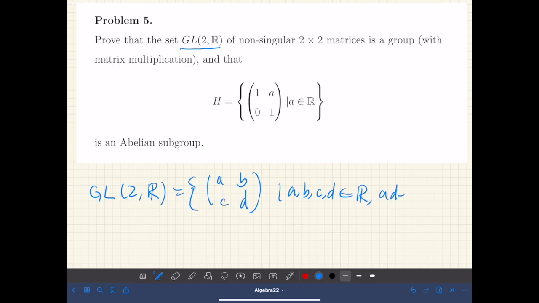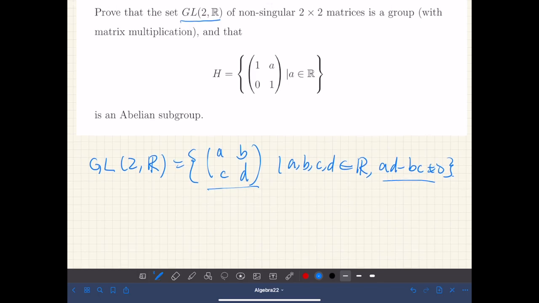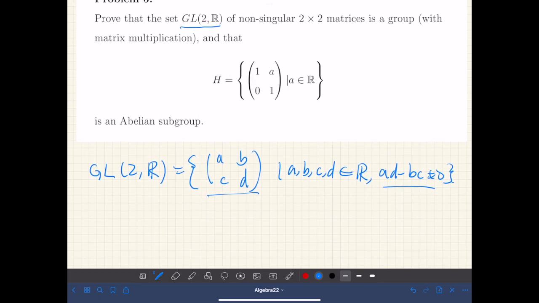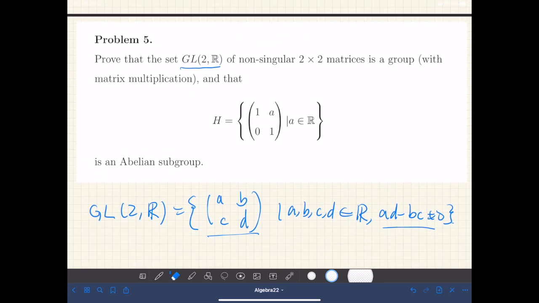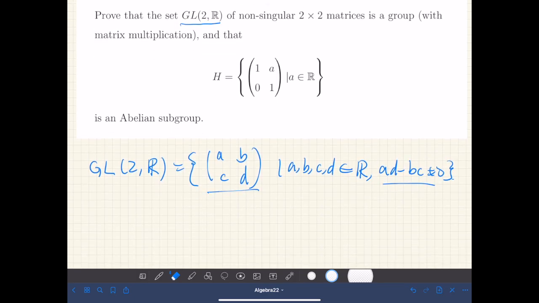The determinant is ad minus bc in this case. Determinant being non-zero means these matrices are invertible. So this is a big hint. Let's see if this set satisfies all the axioms of a group.